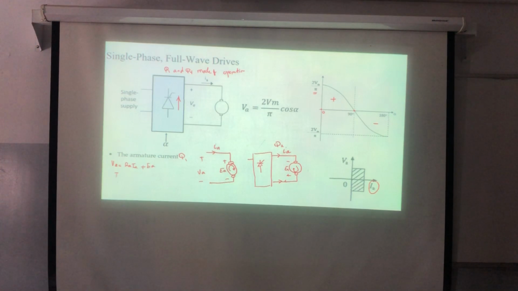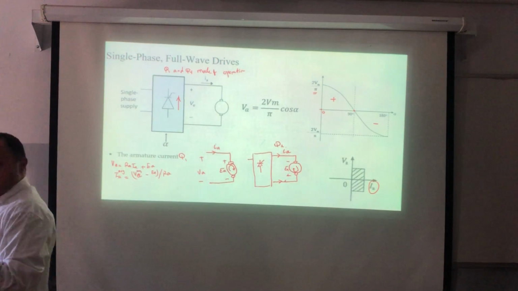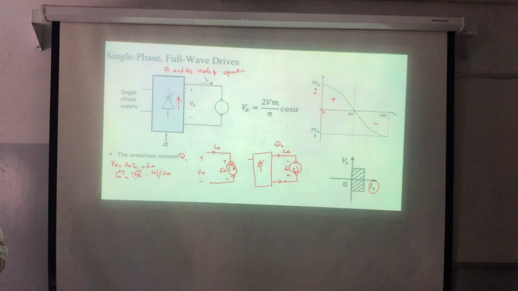So simply, if I need to find IA average, it will equal VA average minus EA over RA. Now what about if I'm using a single phase full wave converter for the field circuit? V alpha will equal what?